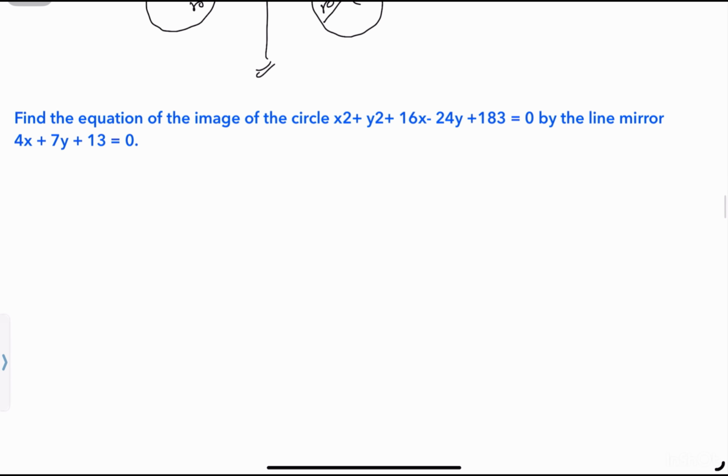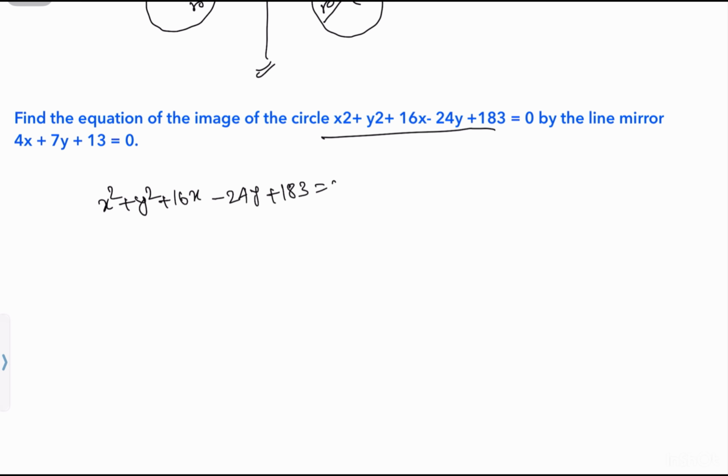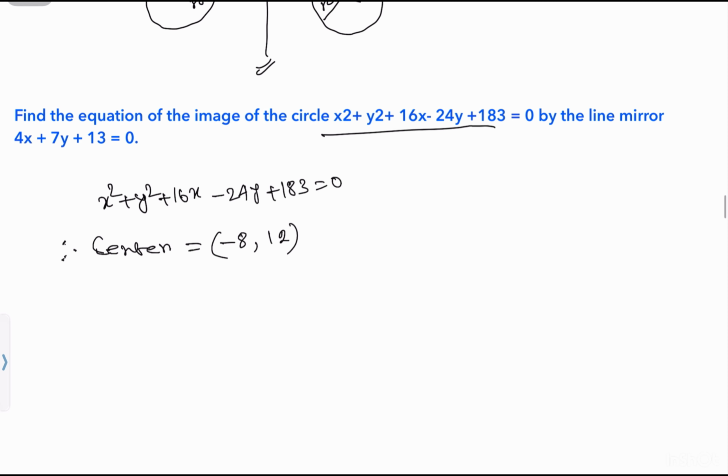Now look here. The circle equation is given: x square plus y square plus 16x minus 24y plus 183 equal to 0. What is the center of this circle? The center is minus g, minus f, that means minus 8 comma 12. This is the center of the given circle. What is the radius?